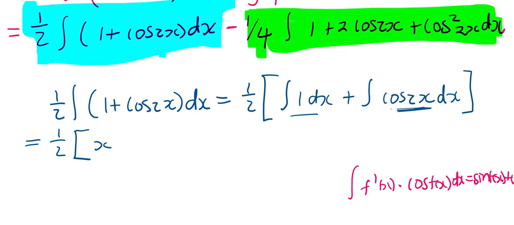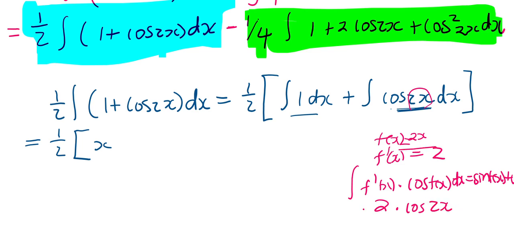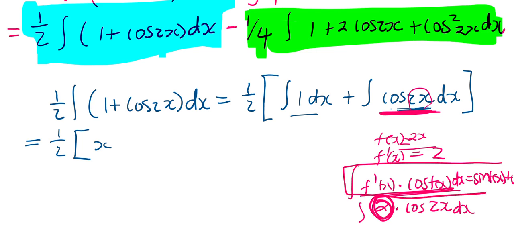Now, let's look at what the function is in this case. Our function is 2x, and we know that the derivative of this function is equal to 2. So if we substitute here, we have 2 times cos of 2x, meaning that we can't use this formula yet because in our original we don't have this 2 over here. For us to be able to use this formula, we need to introduce a 2.